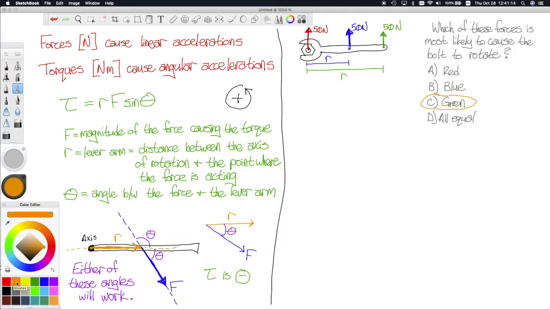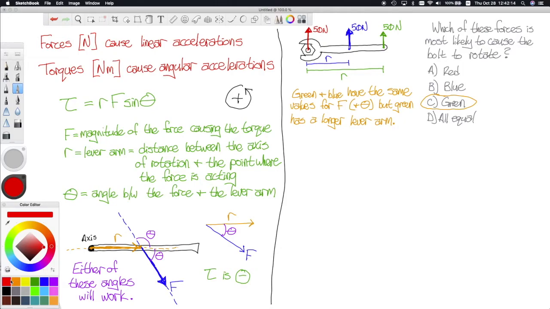So this means that since the forces are the same, but green has a longer lever arm, the green force will exert more torque and be more likely to cause the bolt to rotate. So the further from the axis of rotation you push, the more torque that same force will create.